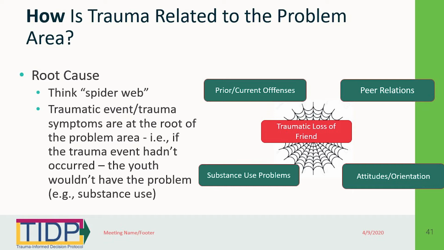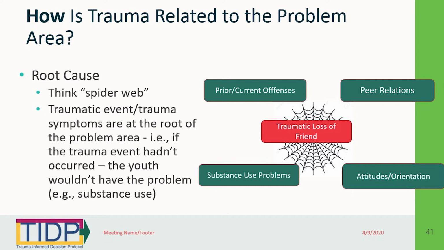And simultaneously, you can also think about a trauma reaction as being a root cause as well. After the traumatic event exposure occurred, this use change in the way that they think or feel about themselves has impacted the negative peers that they're hanging out with. It's impacting the substance use that they have started to engage in as well.